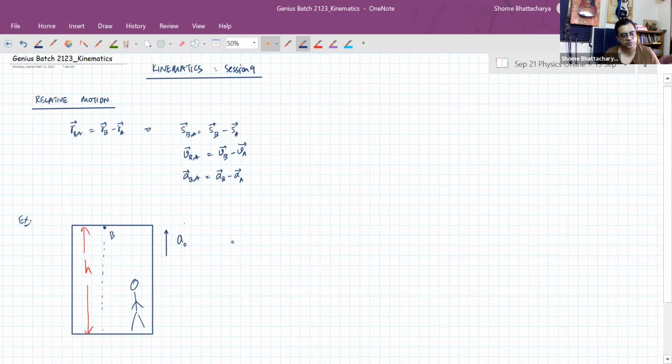So a bolt B on the ceiling comes off and falls to the floor.